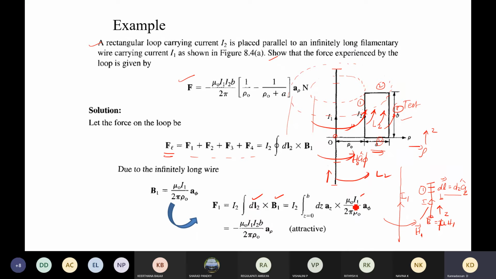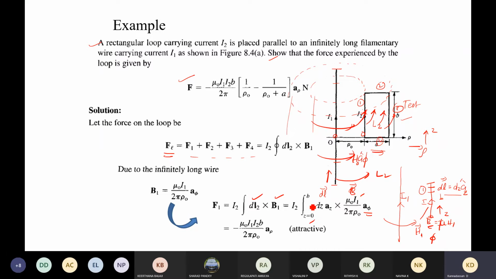Mu naught is added to get the magnetic flux density, and its direction is the phi direction. That is also substituted here. So this is the dl vector, and this is the B vector. We are supposed to take the cross product, and over the length we have to integrate. The length is from 0 to B.